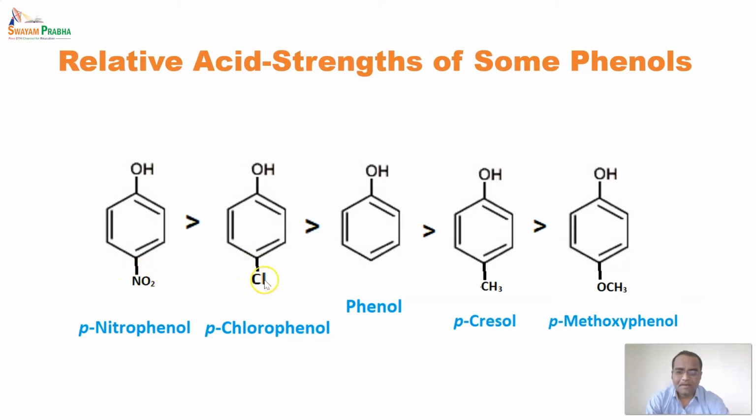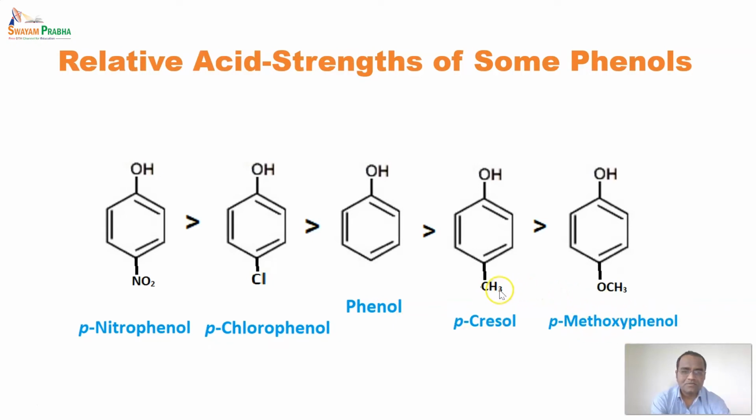After that comes parachlorophenol. It is also an electron withdrawing substituent, and it lies in between compared to phenol. So these are electron withdrawing substituents, which make the acidic character more powerful. But electron donating substituents like cresol and paramethoxyphenol are less acidic compared to phenol. So the least acidic is paramethoxyphenol.